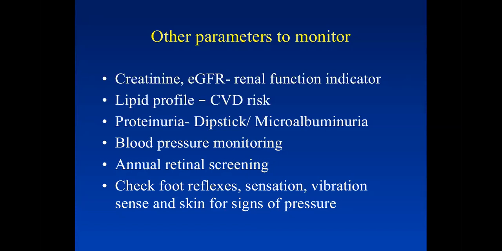But with the microalbuminuria method, we can measure very small amounts of albumin passing in urine, so we can catch patients early when they are just developing renal disease. We do microalbuminuria if they haven't already developed overt proteinuria.